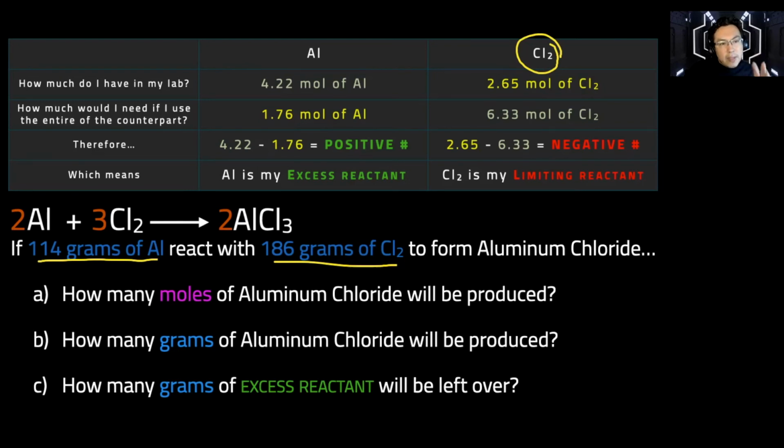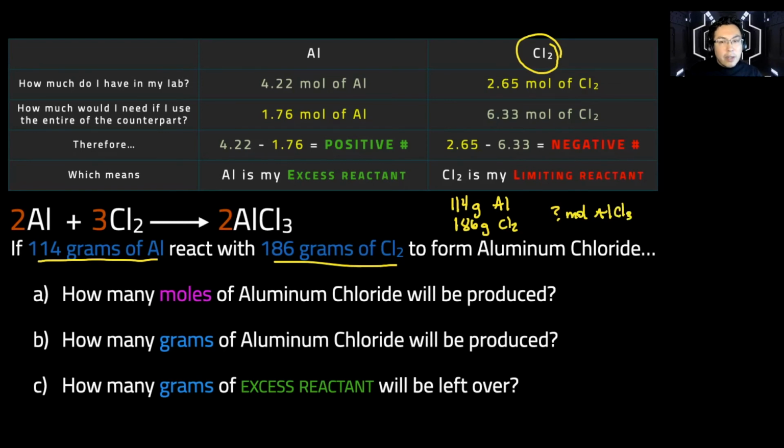So if we put this in the same way that we have been organizing the stoichiometry problems, I have 114 grams of aluminum, I have 186 grams of chlorine, and I want to get to moles of aluminum chloride, right?